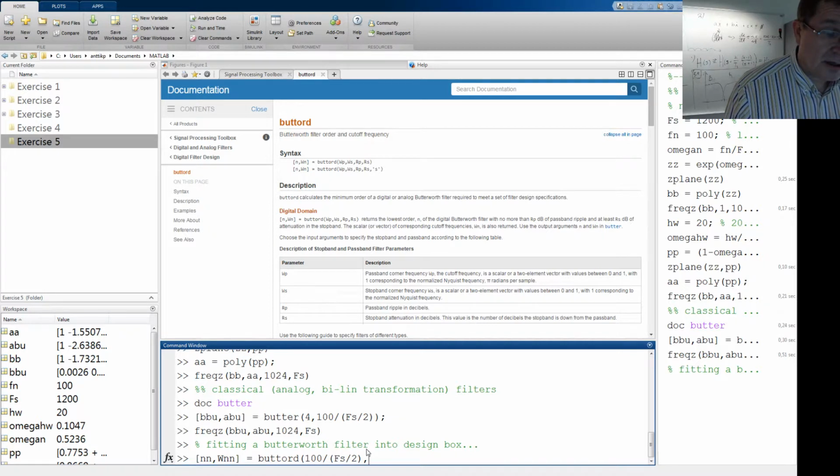Stop band, for example, at 300 hertz. Passband ripple 3 dB in here, and stop band attenuation, for example, 60 dB.